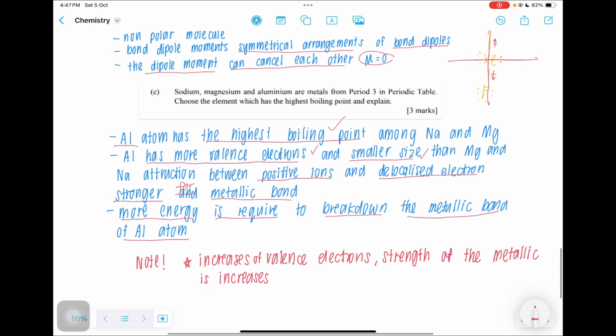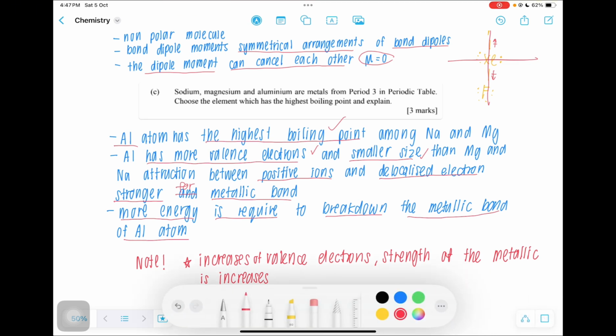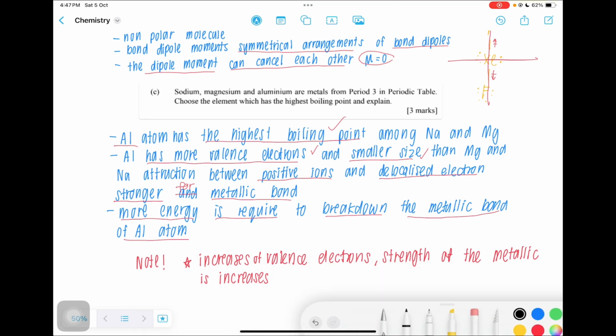So take note, when the valence electrons increase, the strength of the metallic bond increases. That's all for me. Thank you.